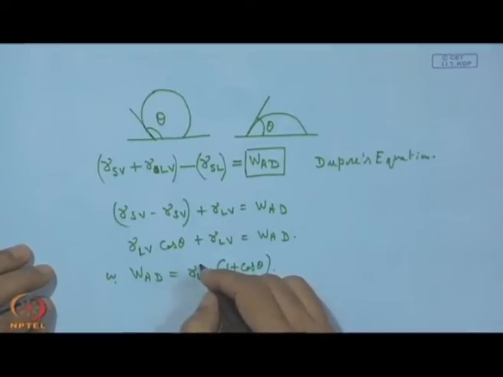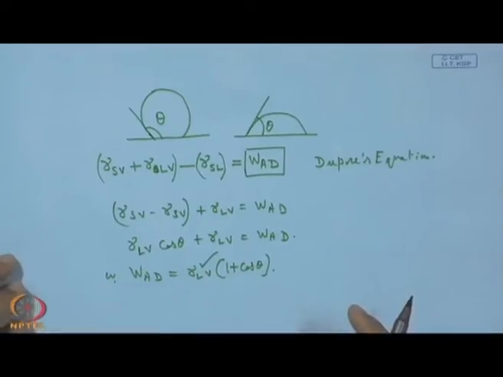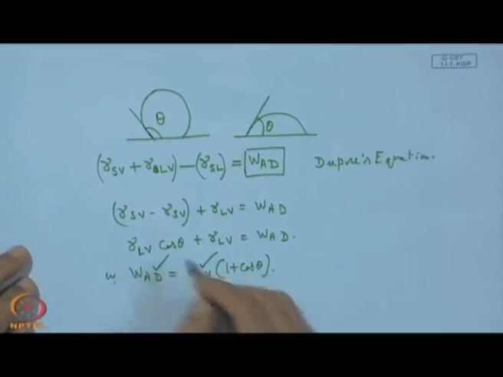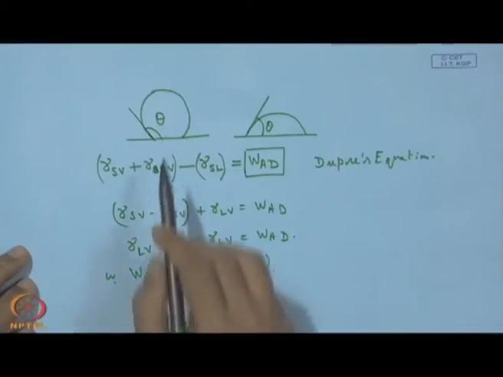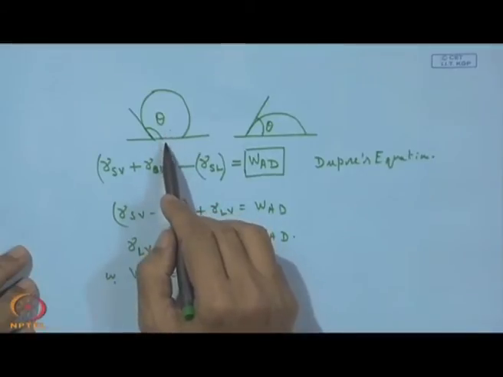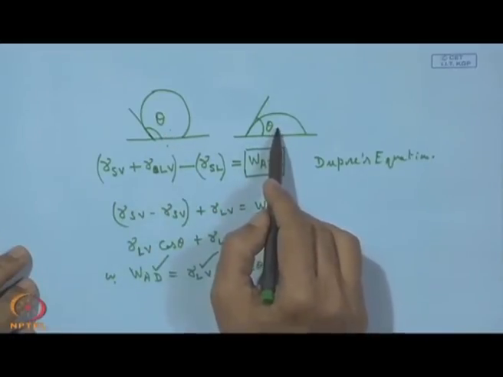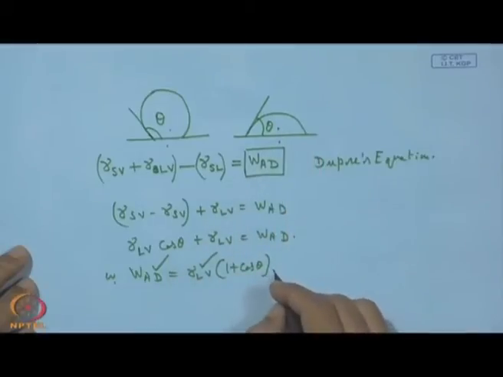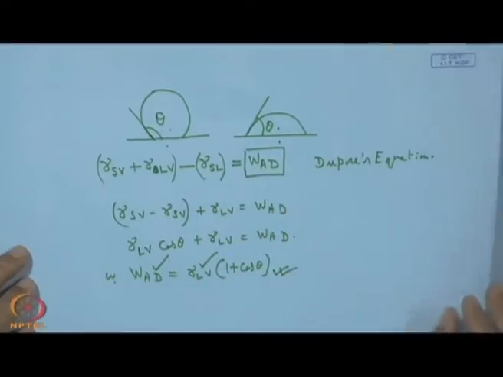So, this is an index of cohesion and this is the index of adhesion. So, by looking at the surface tension of the liquid and that of the contact angle, some estimation of the work of adhesion, or the adhesive force which is prevailing at this liquid solid interface, can be made.